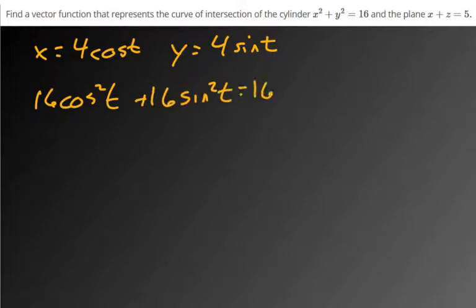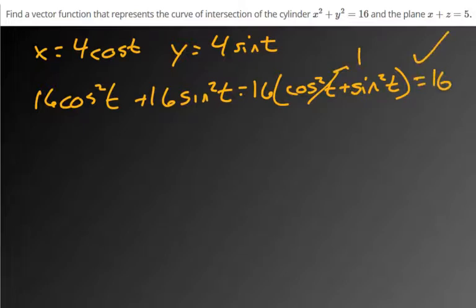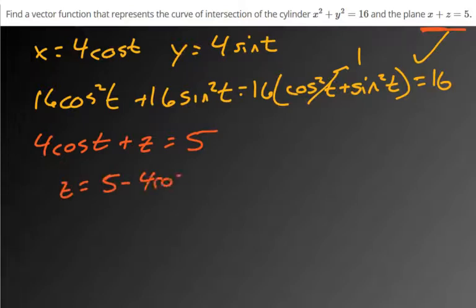Then you take your 16 out, and you get cosine squared plus sine squared, which is going to go to 1, so it really does equal 16. And so then you can take x and plug it in here to get what z needs to be. So in here you would have 4 cos t plus z needs to be 5. So z is just 5 minus 4 cos t.